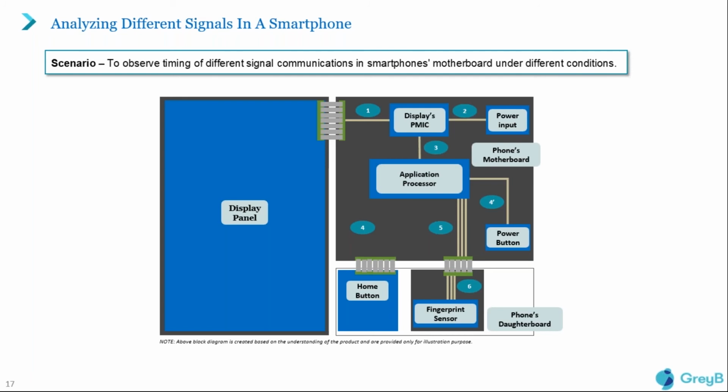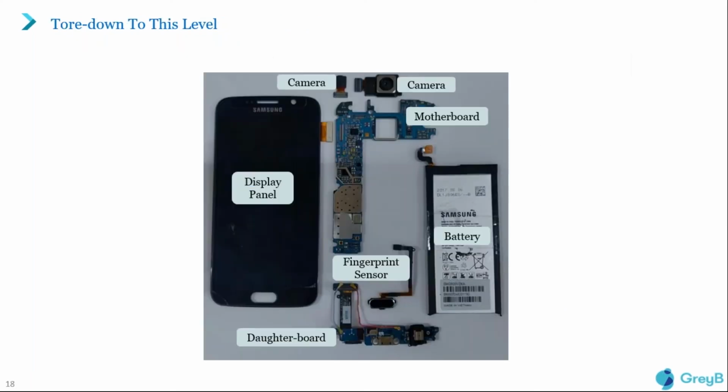The plot diagram you see shows the areas along with the connections we were interested in exploring. For this, we tore down the smartphone completely and identified the different components: fingerprint sensor, motherboard, and display, specifically the connection points where the signal communication was happening.